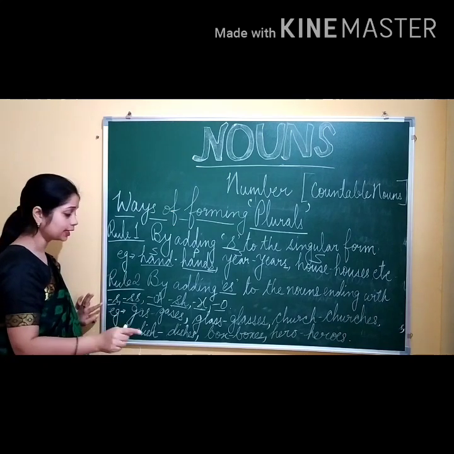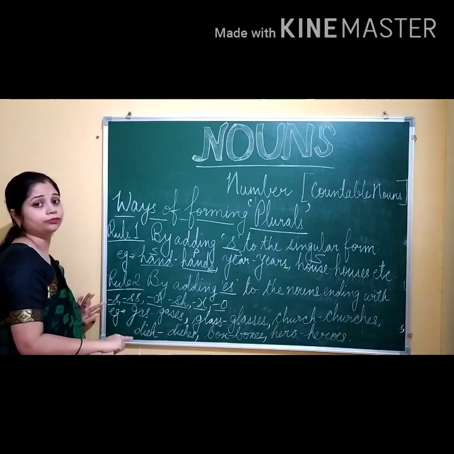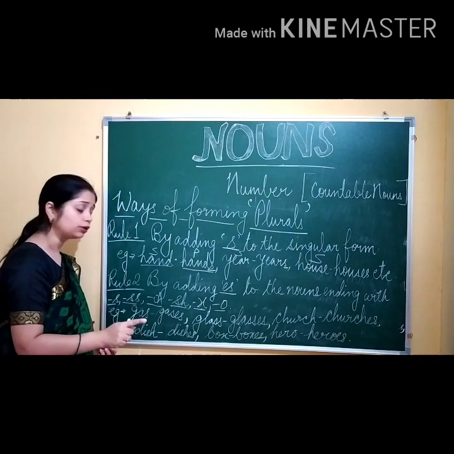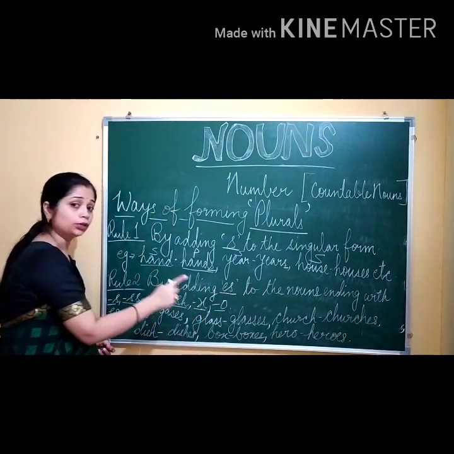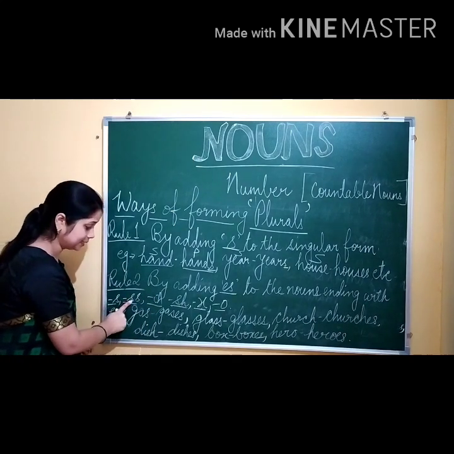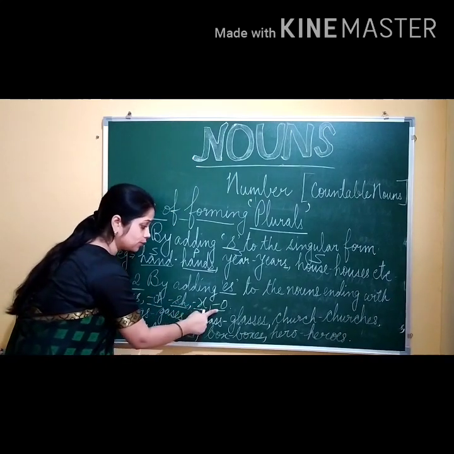I am again repeating it. Rule 2 says we can change the form of a singular noun to a plural one by adding es to the words ending with s, ss, ch, sh, x and o.